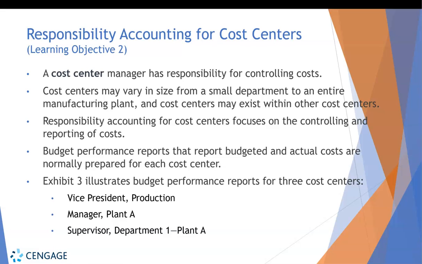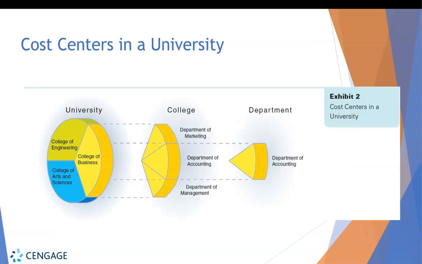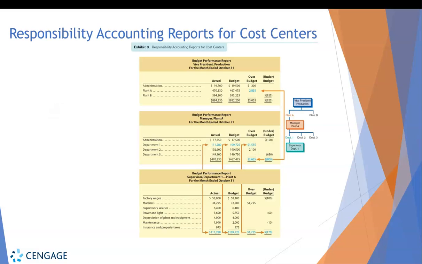This next slide is going to look at some cost centers. So here you've got the university as a whole. Then you've got just the College of Business. And then within that College of Business, you have the Department of Accounting. The reports on this slide show the budgeted costs and actual costs along with the differences.